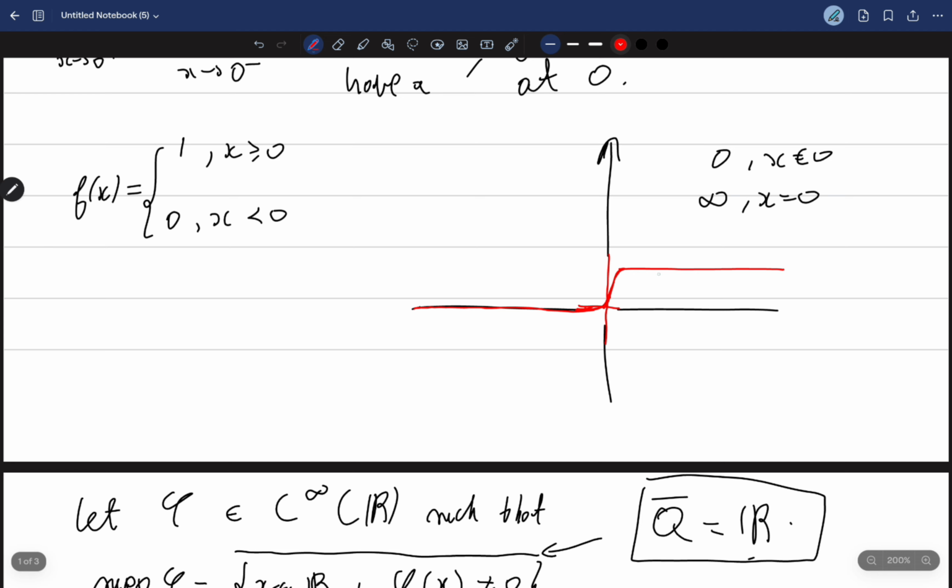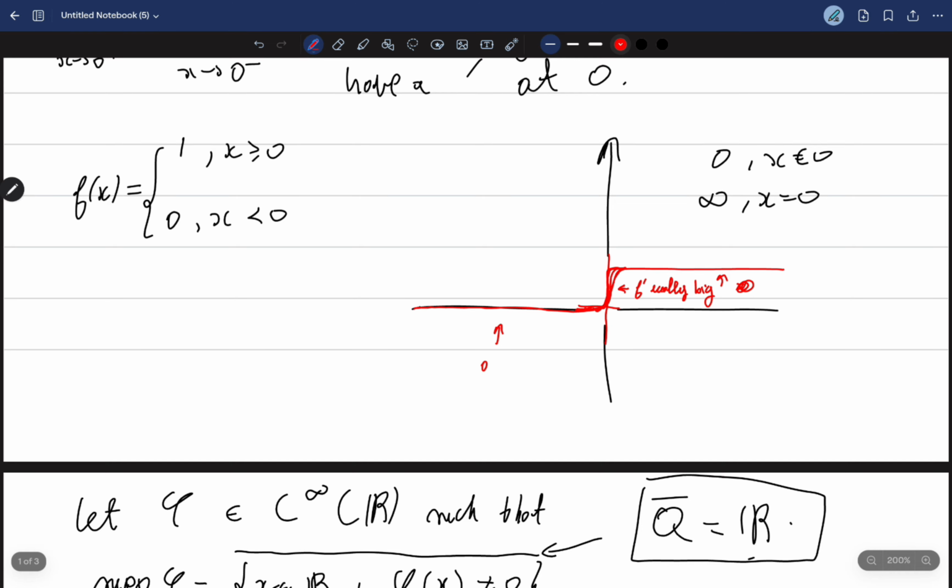Right? So the derivative of this function here would be 0. The derivative of this function here is 0, but here, because the function goes up really quickly, the derivative would be really big. So as the function approaches the discontinuous function, the derivative would go to infinity.